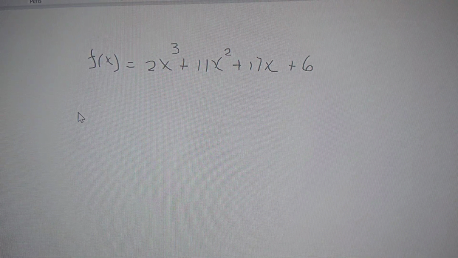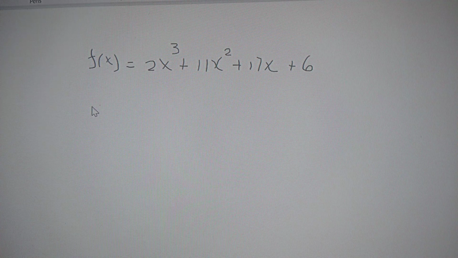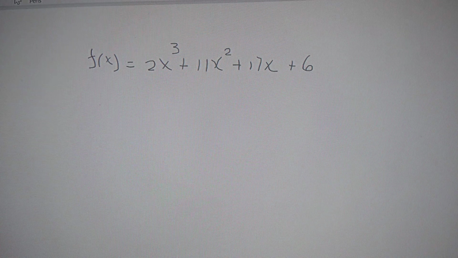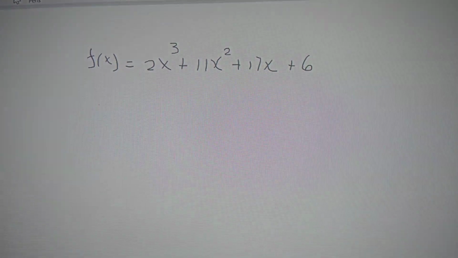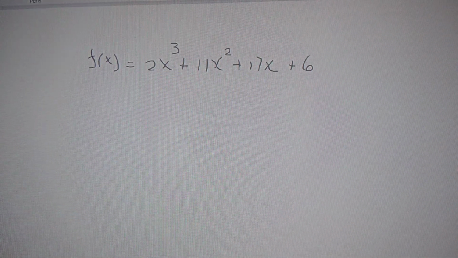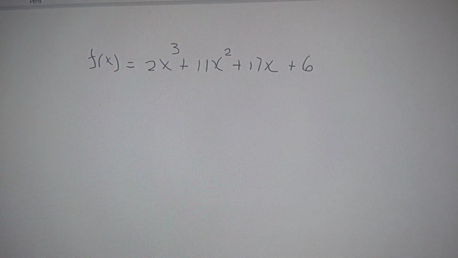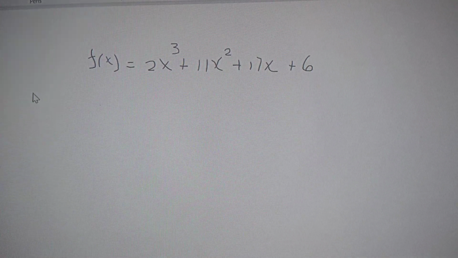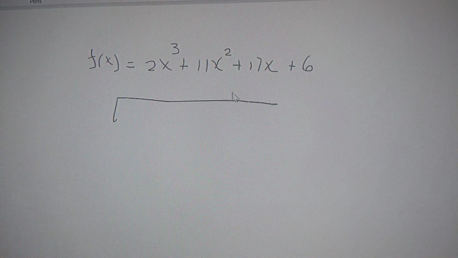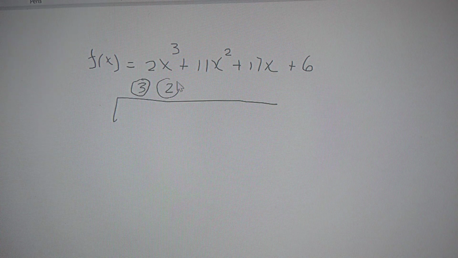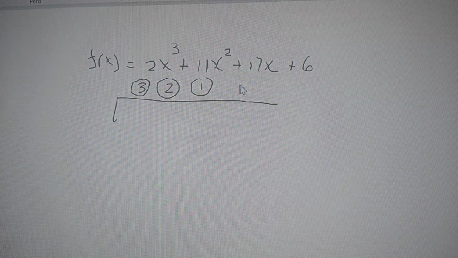So let's start off with 1. We can use synthetic division. You rewrite all the exponents. This is the way I do it: 3, 2, 1, and 0.